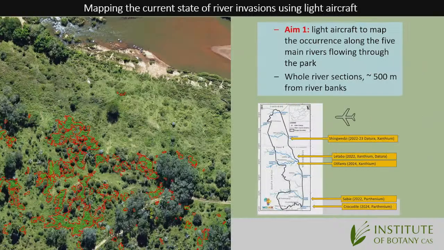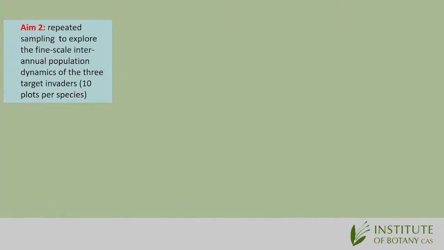What we hope we will get is this picture where the invasive population is mapped, and it will be done across the whole river flow. The second aim is that we identified particular sites where these species occur, and we will do repeated sampling to get an idea about the interannual dynamics of these species.